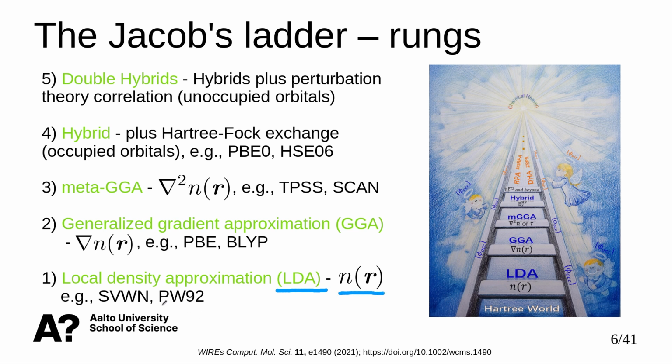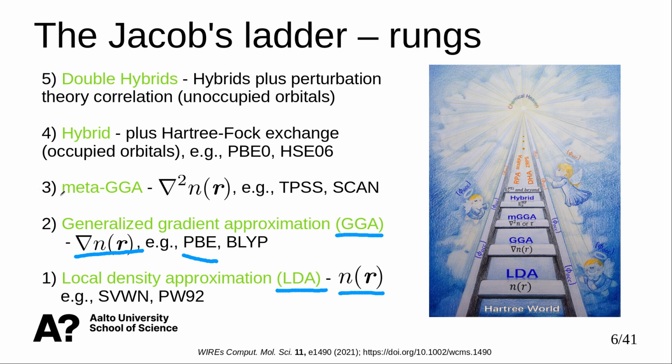An example here is PW92, that's quite known. On the second rung, we have the generalized gradient approximation, or GGA in short, which depends on the derivative of the electronic density. An example here is PBE, which we then also later use in the tutorials.